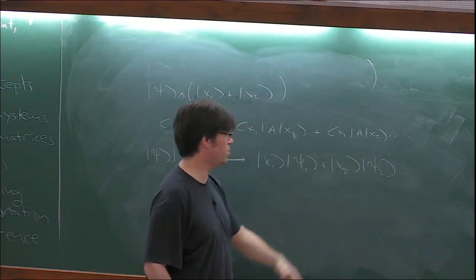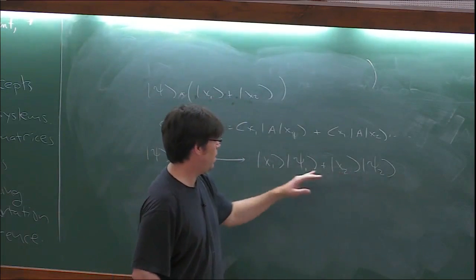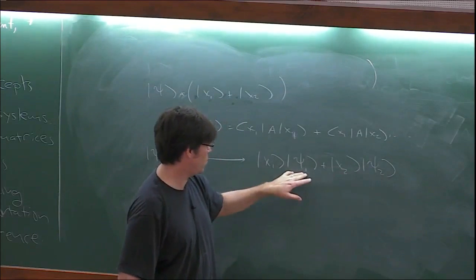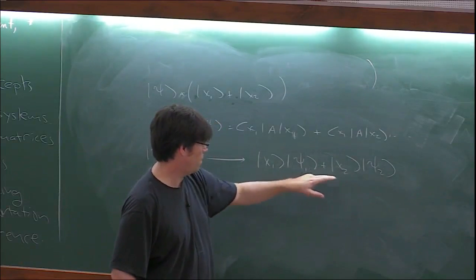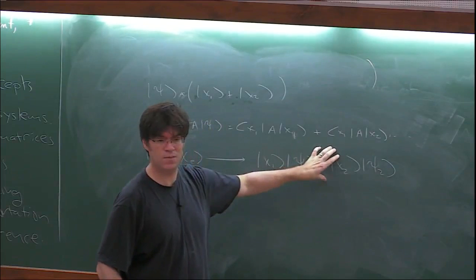And now I have a completely entangled state. In particular, if these two end up being orthogonal or close to, I have a completely entangled state where I've lost the relative phase information between here and here.